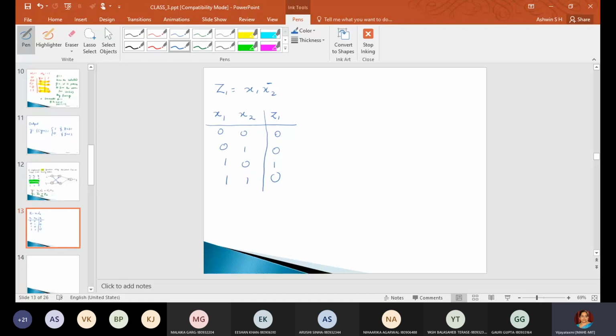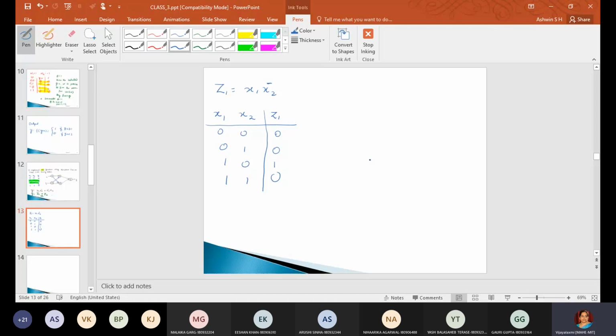This one you have to implement using a McCullough-Pitts neuron model. So can you do this? Can you tell me the weights for this particular function?